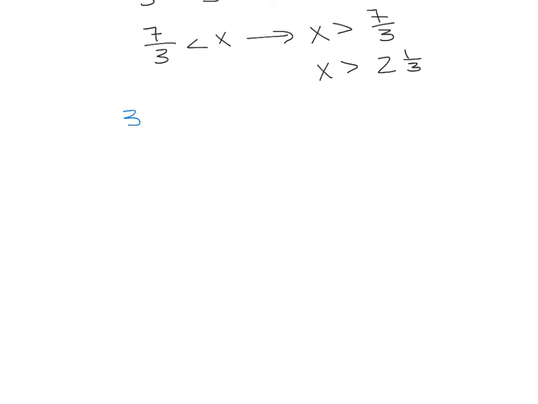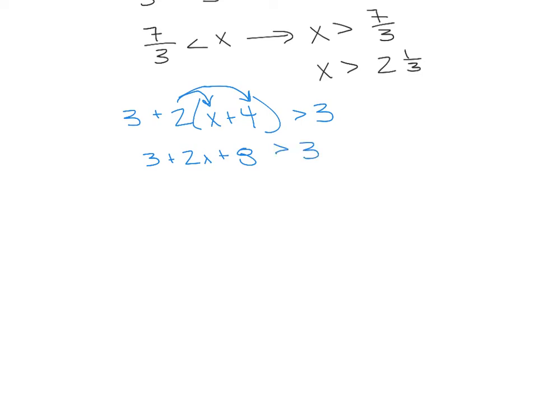3 plus 2 times x plus 4 is greater than 3. So we're going to do distributive property here. So we get 3 plus 2x, because 2 times x is 2x, plus 2 times 4, which is 8, is greater than 3. We're going to look at this side first and see what we can combine.